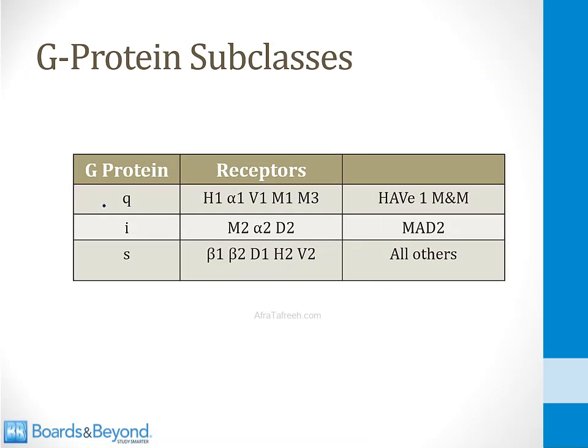The GQ subtype of receptor can be remembered by the mnemonic HAV1-M&M. That's because the H1 histamine receptors, alpha-1 receptors, V1 receptors, M1 receptors, and M3 receptors all are linked to GQ proteins. The GI subtype can be remembered by the mnemonic MAD2. That's because M2, alpha-2, and D2 are all linked to GI proteins, and then all the others are found associated with the GS subtype.